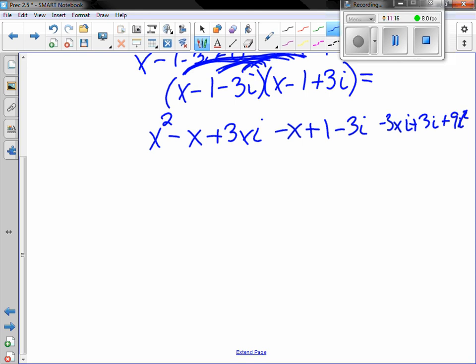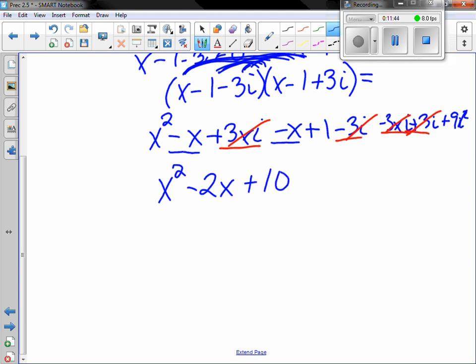So x squared is the only x squared term. Negative x, and that's it. So we have minus 2x. 3xi and negative 3xi cancel out. Negative 3i plus 3i. They cancel out. 1 plus 9 is plus 10.